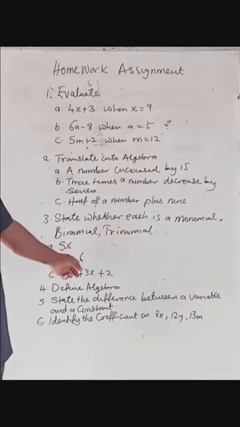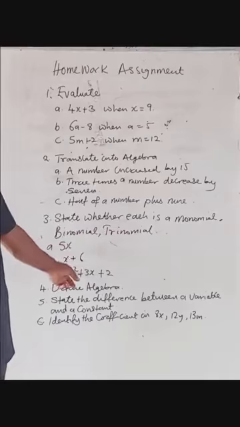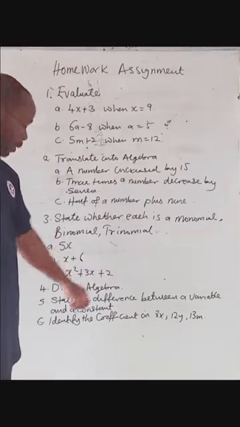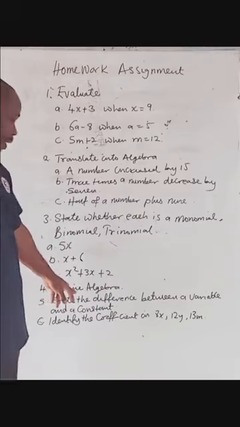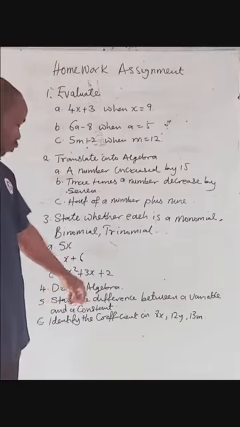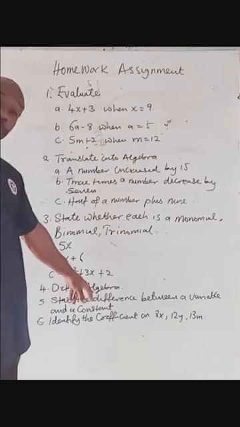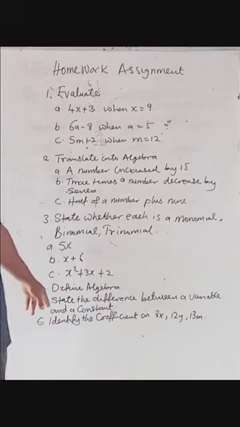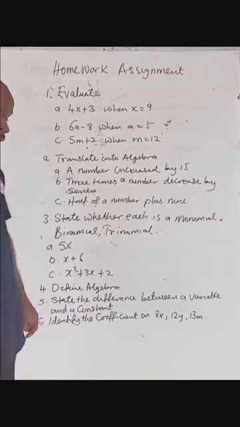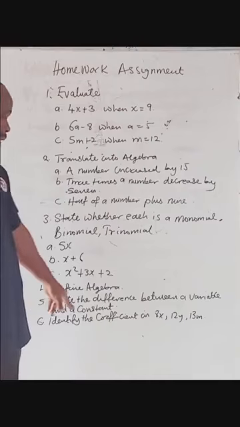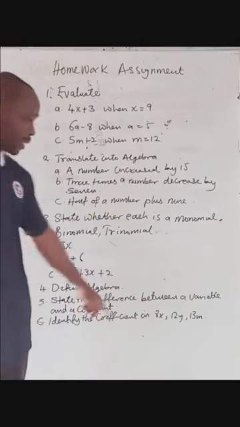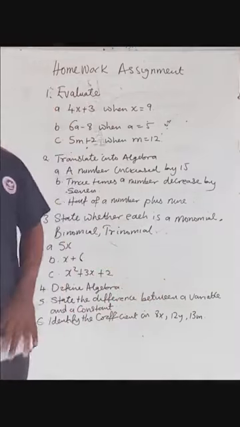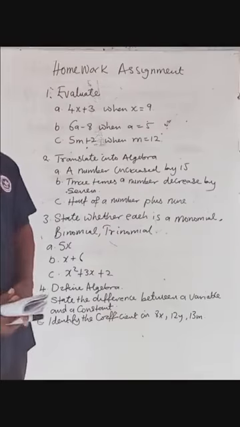B, x plus 6. C, x squared plus 3x plus 2. Question number 4. Define algebra. Question number 5. State the difference between variables and a constant. Question number 6. Identify the coefficient in 8x, 12y, and 13m.